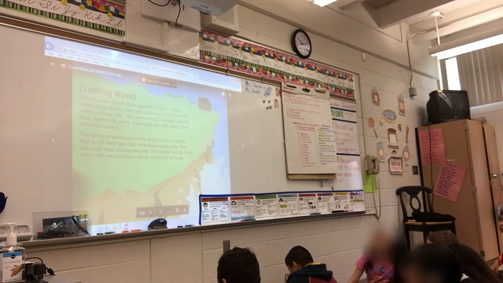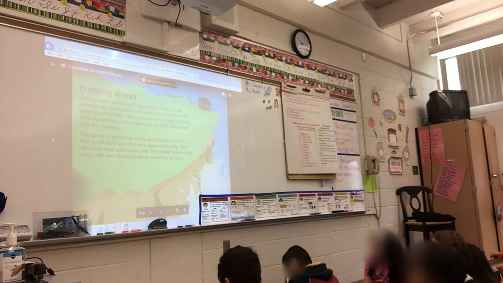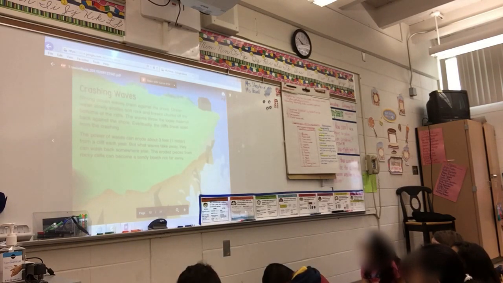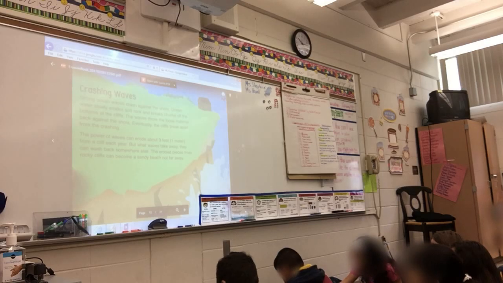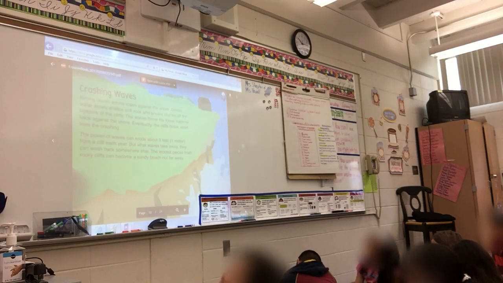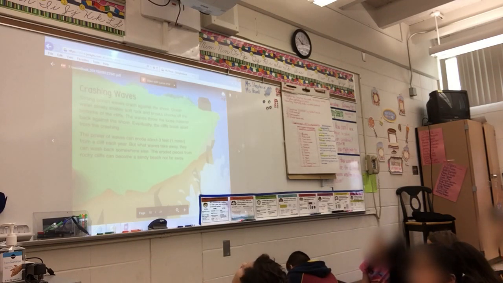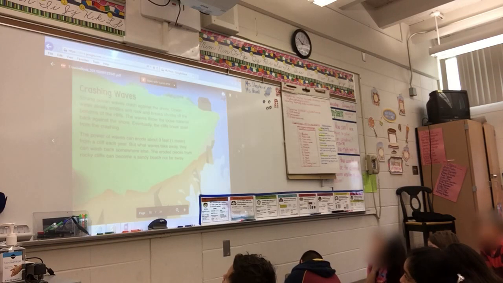Ocean water flows, erodes soft ground, and retreats on the bottom of the cliffs. The waves flow the huge material back towards the shore, eventually. Good. The power of waves can erode about 3 feet from a cliff each year.